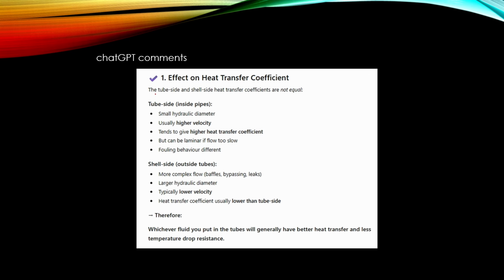this question of heat transfer coefficient. It was saying that the tube side and shell side heat transfer coefficients are not equal. Typically, inside tubes we have higher velocity, which means that we have a higher heat transfer coefficient. And at shell side we have much lower velocities, which means that the heat transfer coefficient there is much lower.